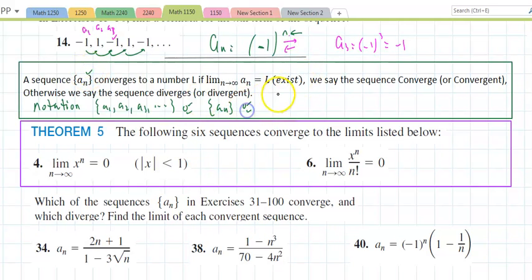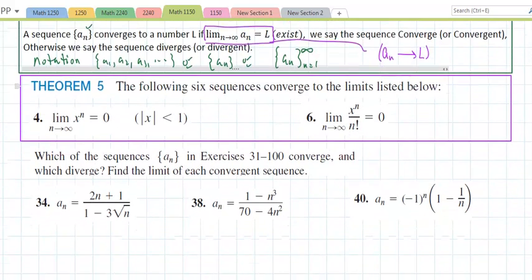Or sometimes they write literally a sub n, and they tell you where to start and where to end. So that's normally how we write it. And this notation, the limit as n approaches infinity, sometimes they write that as a sub n approaches L. Again, just different ways of writing those.